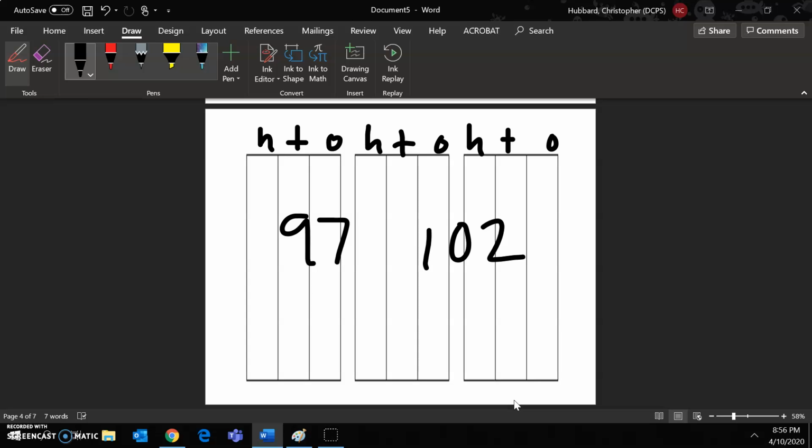Which number is greater? Awesome. 102 is greater. What symbol are we going to put? This one, because the smaller number eats the bigger number. So this sentence would read from left to right, 97 is less than 102. Let's try another one.